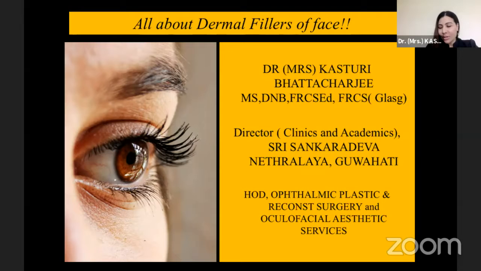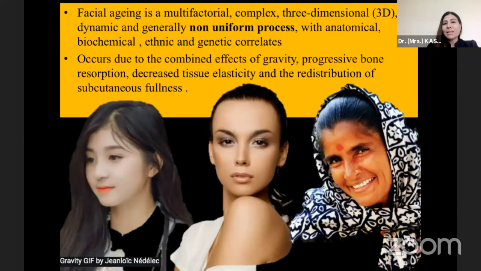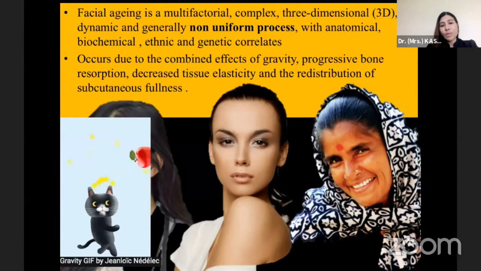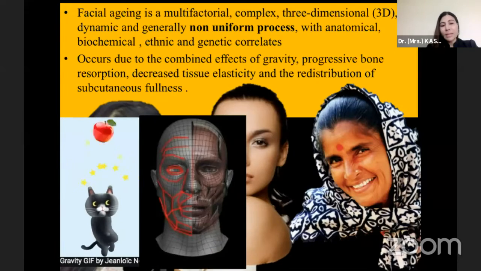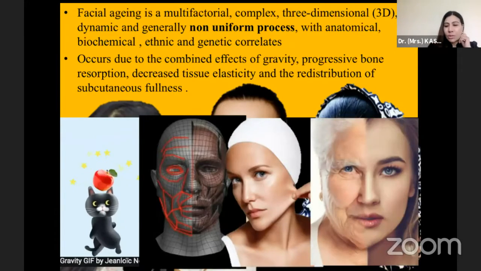So I'll be speaking about the dermal fillers of the face. We all know that facial aging is a multifactorial, complex, three-dimensional, dynamic, and generally non-uniform process. It occurs due to a combined effect of gravity, progressive bone resorption, decreased elasticity, and the redistribution of the subcutaneous tissue.